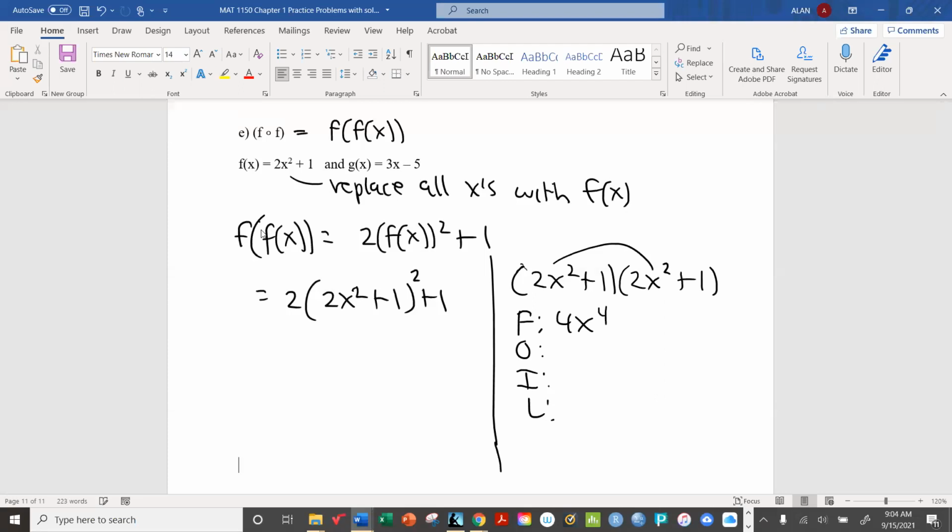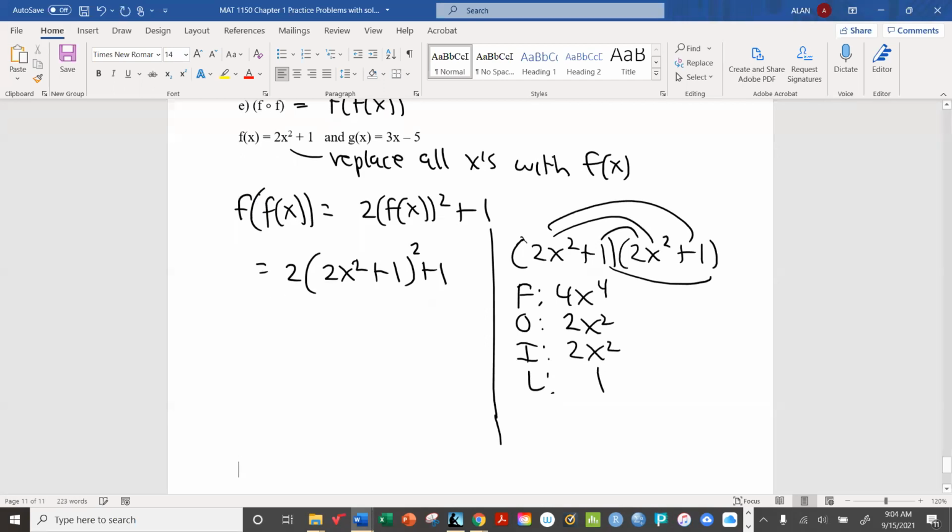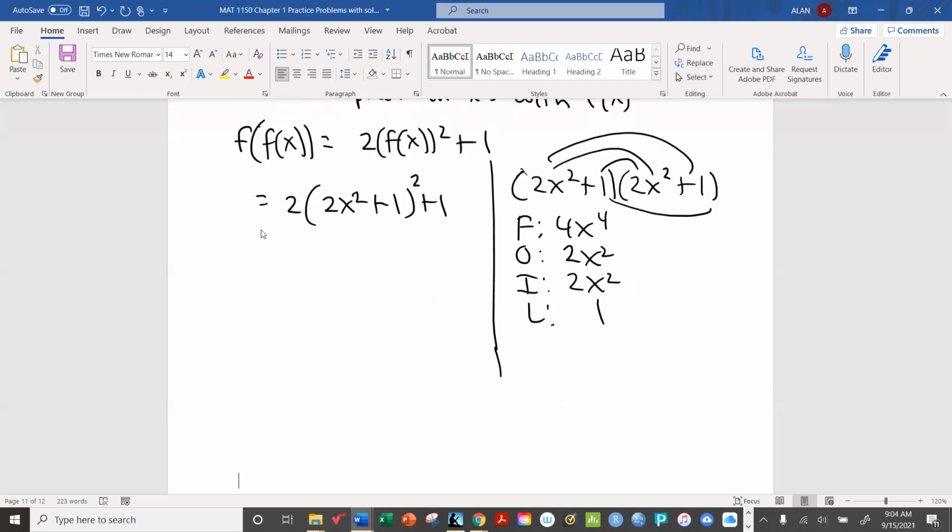4x to the fourth. Outer is 2x squared. Inner is also 2x squared. Last is 1. So I'll end up with 4x to the fourth plus 4x squared plus 1.